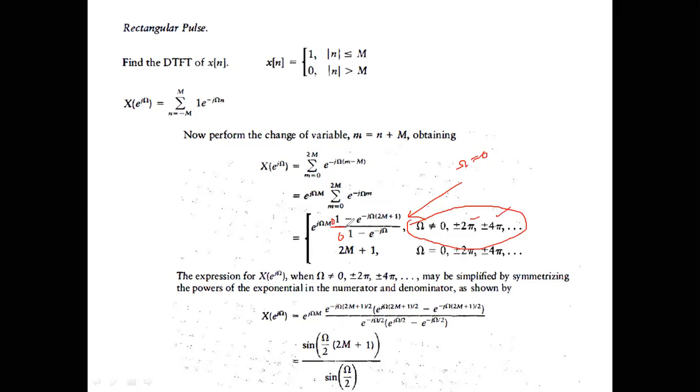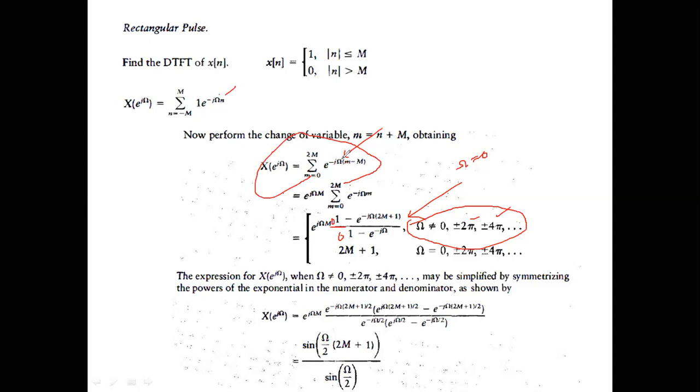See, this is the tricky part. That is why, for the omega equal to 0 case, we will compute the entire thing at the first summation itself.